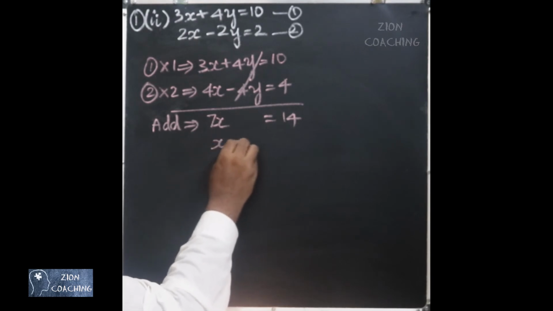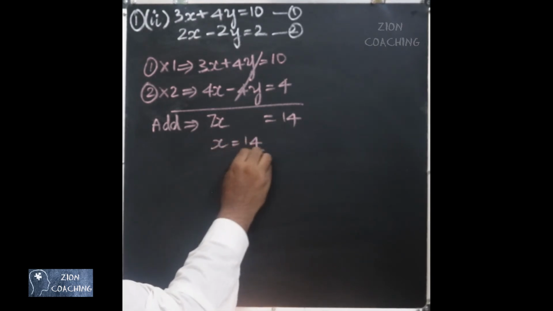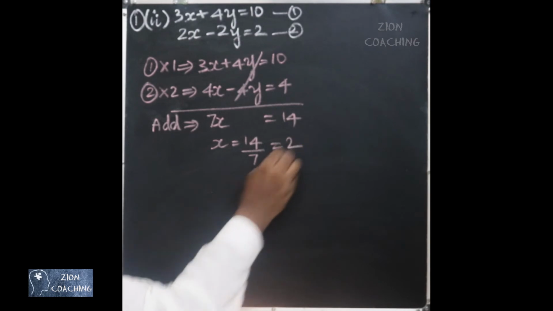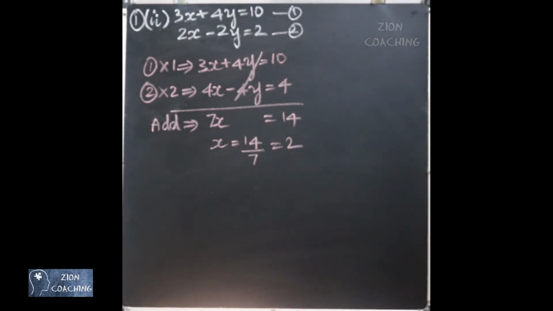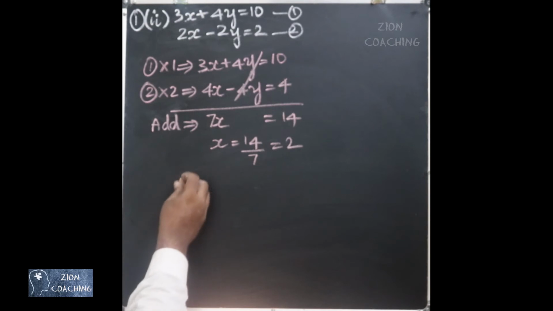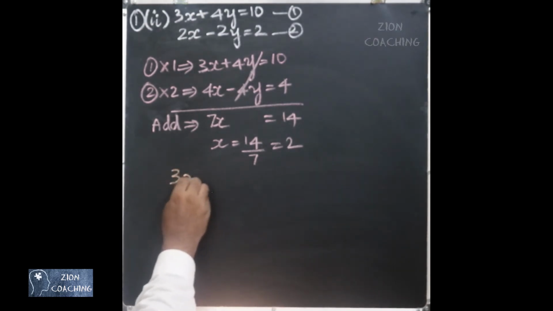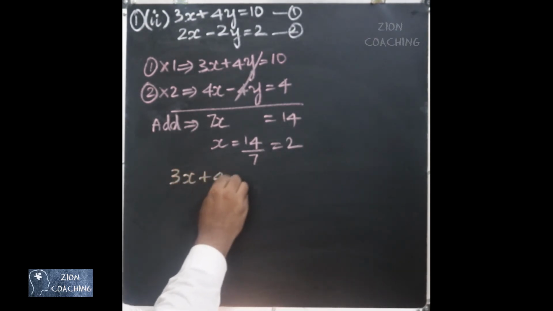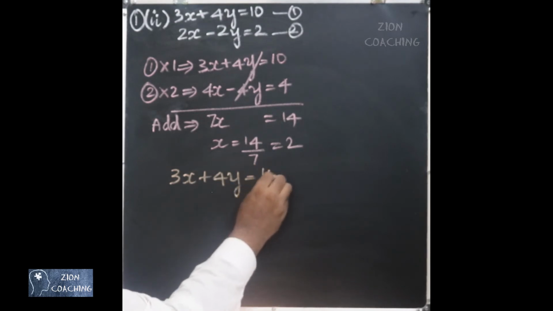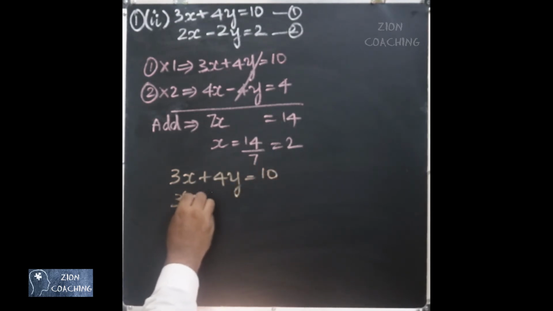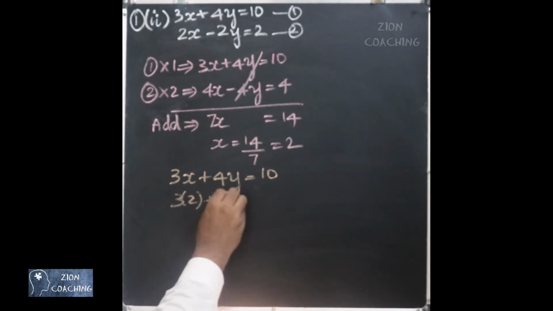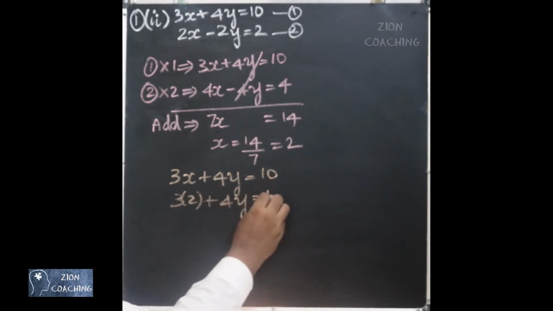X is going to be 14 divided by 7. X value is 2. Now we are going to substitute x equal to 2 in any one of the equations and get the value of y. So the first equation is 3x plus 4y equal to 10. 3 into 2 plus 4y equal to 10.